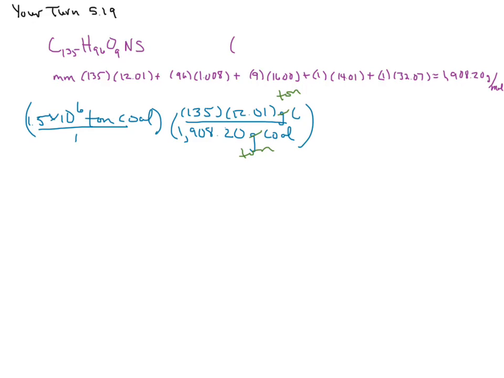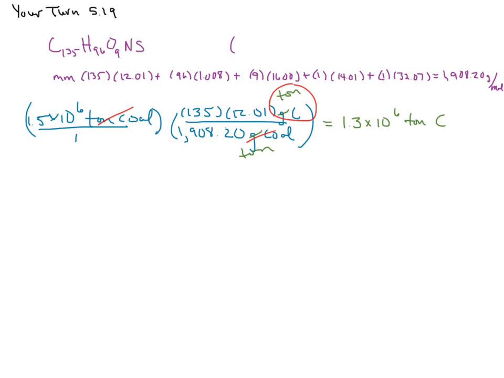So let me know if you have any questions how that works. Because then our tons of coal will cancel, and we will be left with tons of carbon that would be put out if we burn that much coal. Rounding to two significant figures, I get 1.3 times 10 to the 6th tons of carbon.